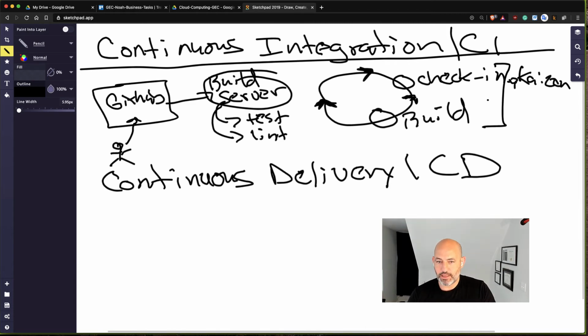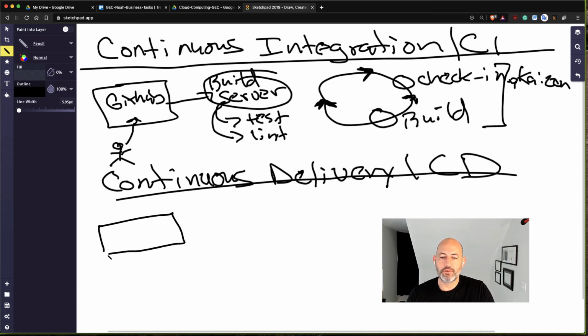Now the next step is continuous delivery. And with continuous delivery, what happens is that you take this to the next step. So let's go here and let's again draw GitHub. And with GitHub, you are also checking in your code.